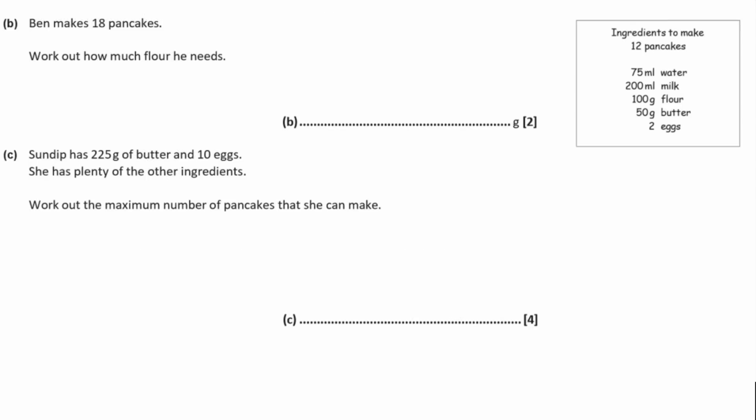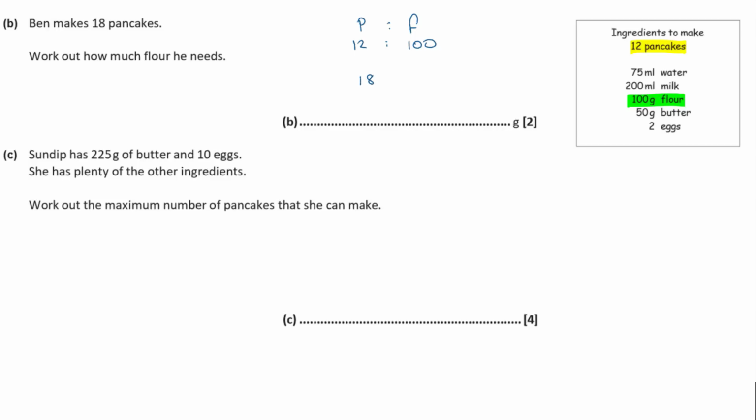Okay, well, if I make a ratio of pancakes to flour, then I know from the original recipe that for 12 pancakes we needed 100 grams of flour. So I can write down 12 to 100 here. Now what I want to do is change 12 pancakes to 18 pancakes.